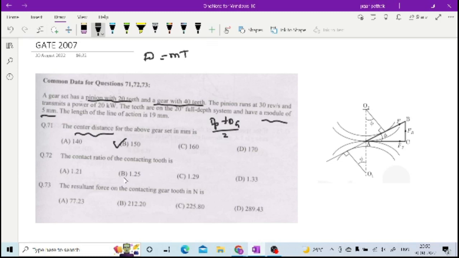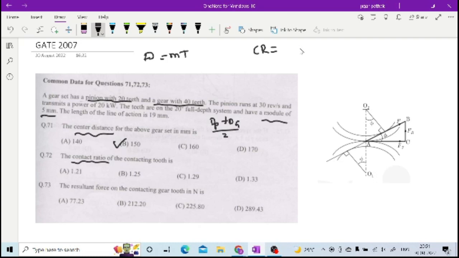Okay. Now contact ratio. Remember contact ratio. What is contact ratio? Sir, it seems like 1.25. No, let us see.